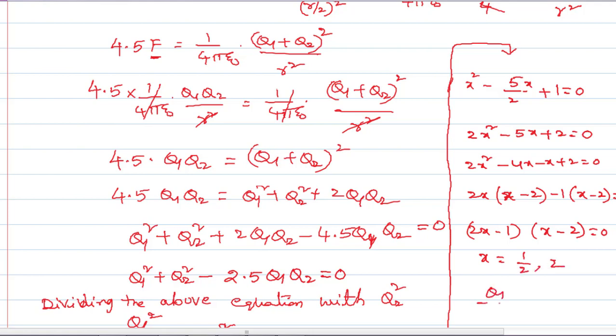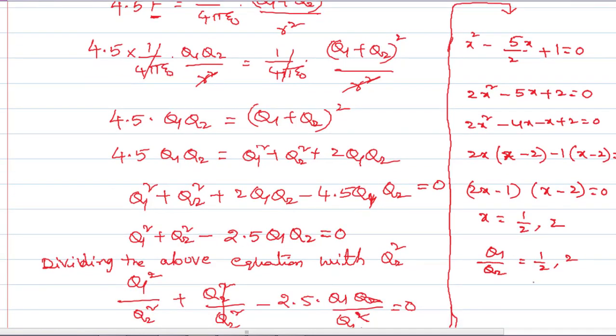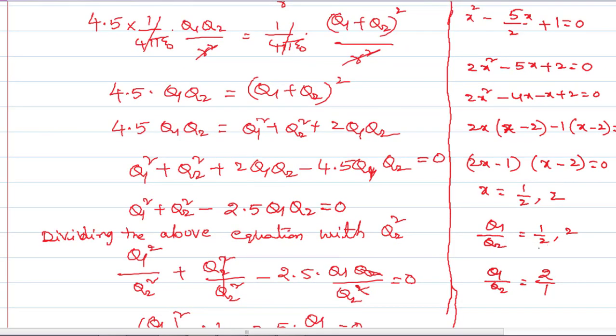But x is q1 by q2, that's why q1 by q2 is equal to 1 by 2 comma 2. Then the ratio q1 by q2 is nothing but 2:1, because we can't take 1 by 2 as it is a fraction term. That's why we take q1 by q2 is equal to 2:1.